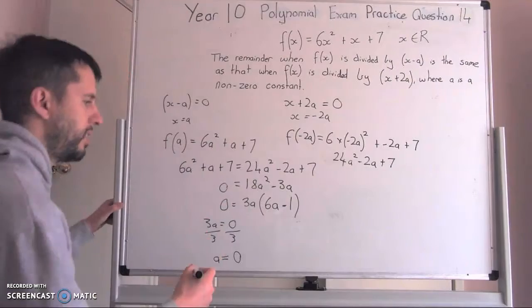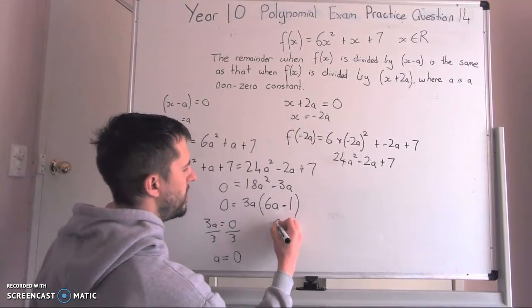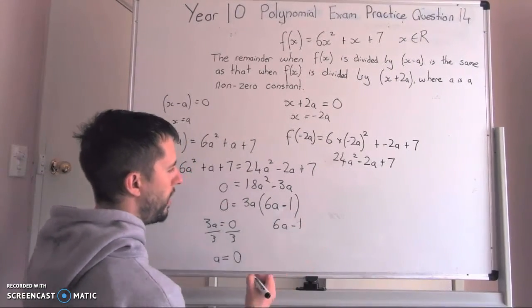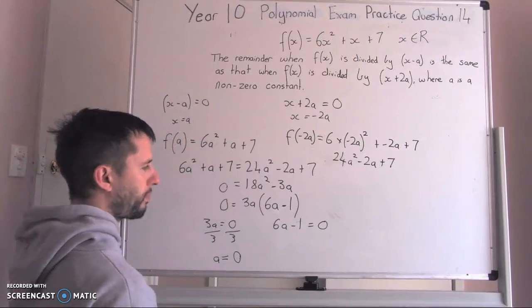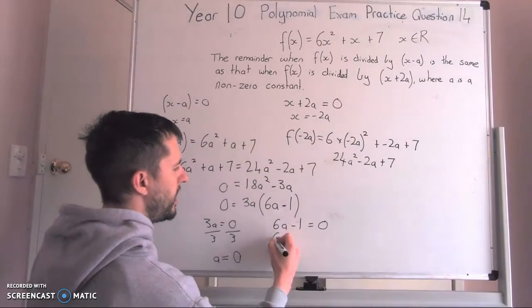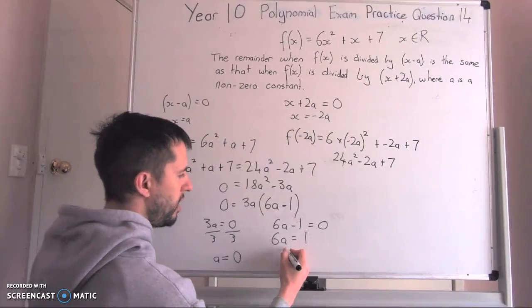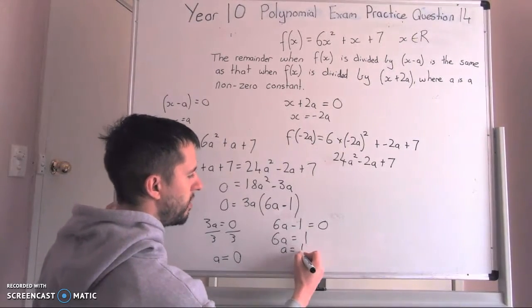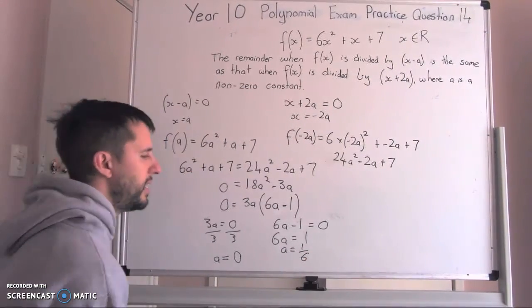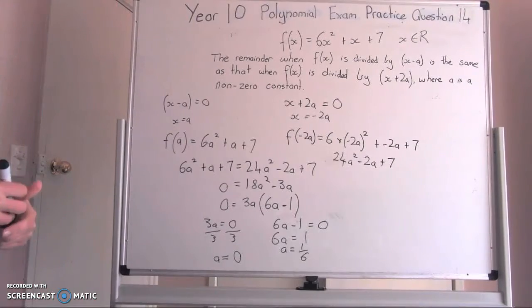Then we've got the next equation, which is 6a minus 1 must equal 0. First we add 1 to both sides. Second, we divide by 6. And we get a is 1/6.